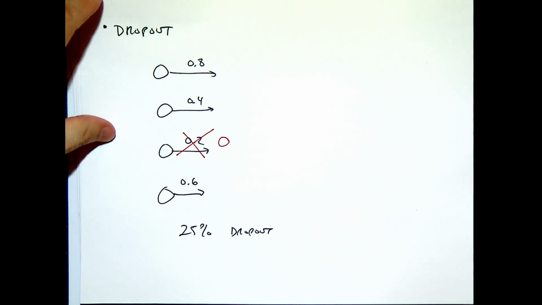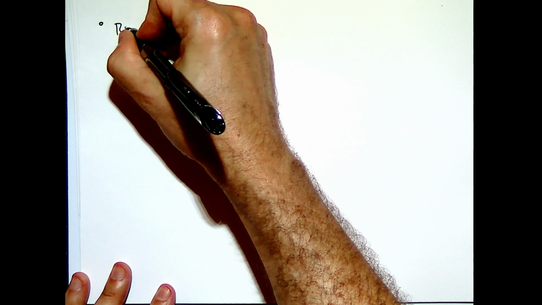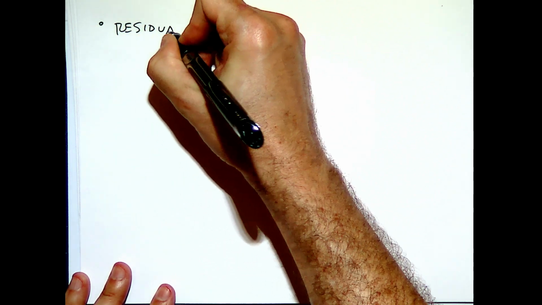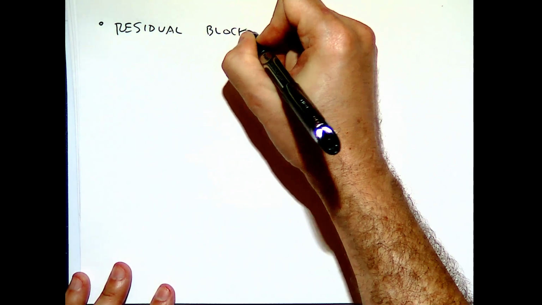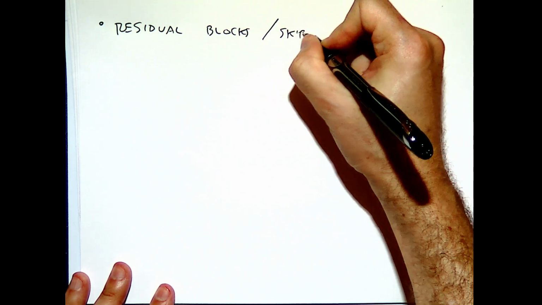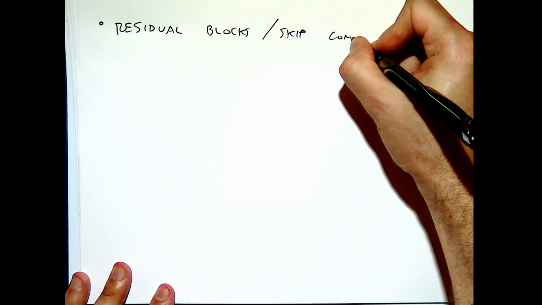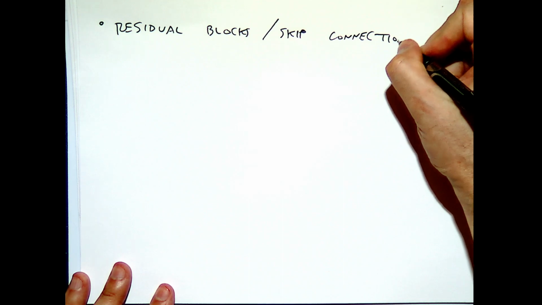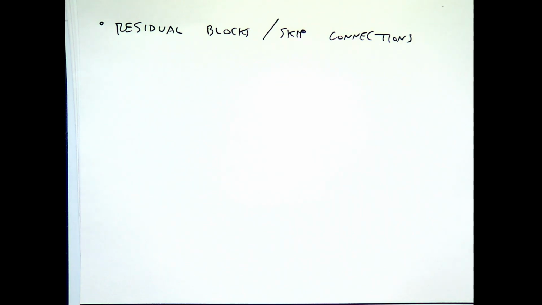And then finally, another critical idea is what are called residual blocks or skip connections. If you've ever heard of this network called ResNet, ResNet was the thing that popularized these residual connections. And it's a very simple idea again, right?